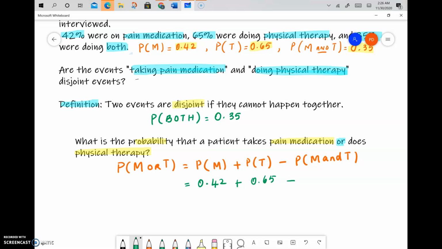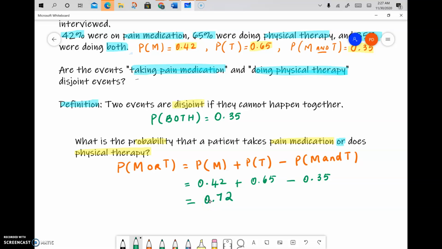What is the probability of M and T, which is undergoing both the treatments, which is given to be 35%, which is 0.35? Now, all we have to do is use the calculator and figure out what this number is, and that gives us the final answer, which is 0.72.